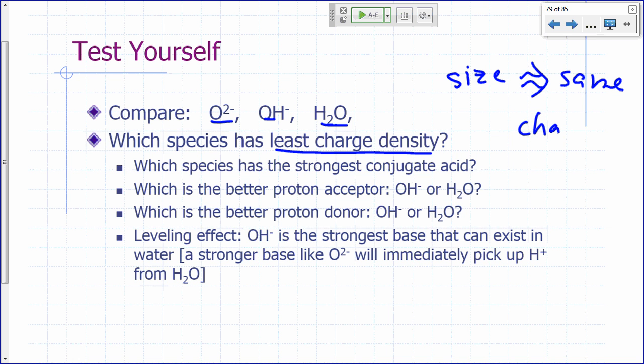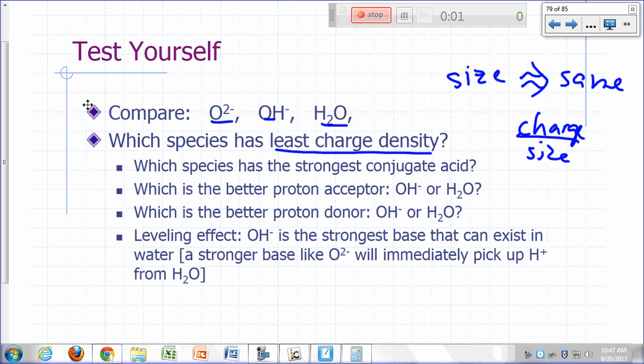You need the charge to size ratio. Charge density is charge to size ratio. They're all about the same size. Which has the least charge density?